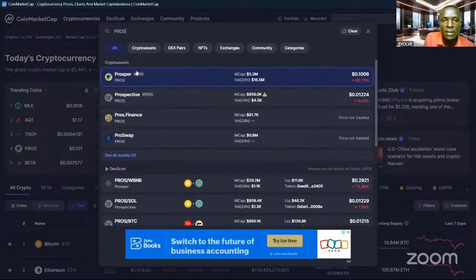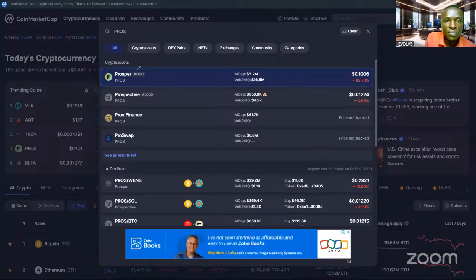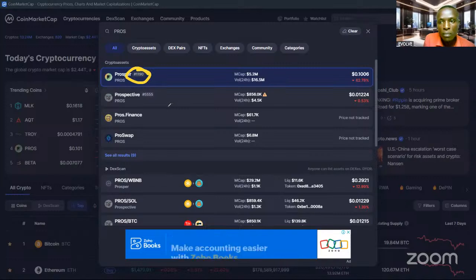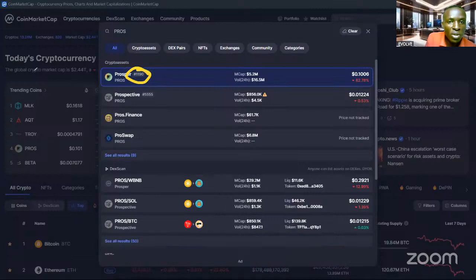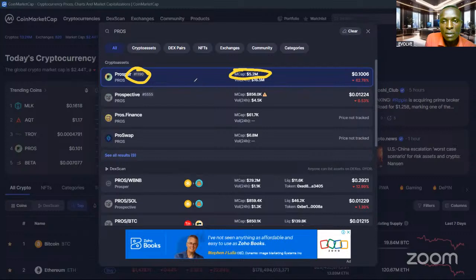Here it is. Can you see the number it is in? Give me a yes. What is the number on the list of coins?